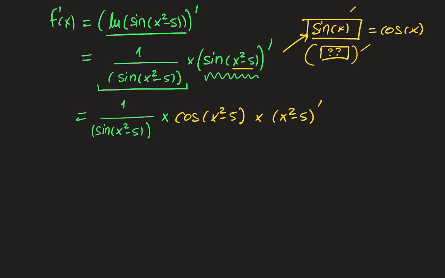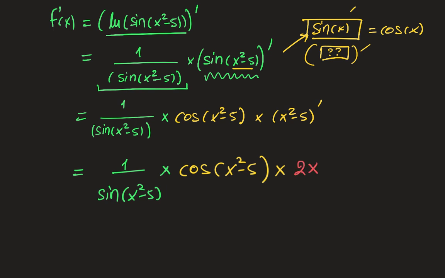So, finally, what I have is 1 over sine of x squared minus 5, multiplied by the cos of x squared minus 5, multiplied by the derivative of that, which is 2x.